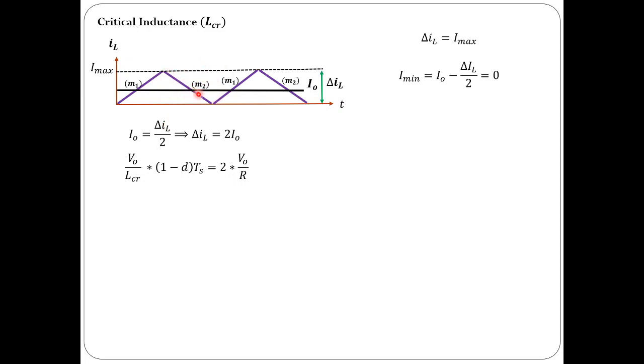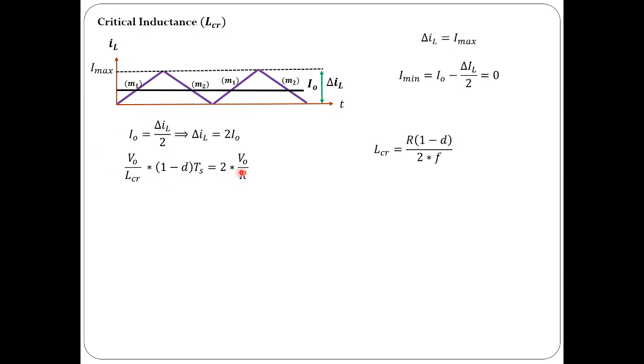The magnitude of M2 is V naught by L. Now this corresponds to the critical condition, so I would take L as LCR. So V naught by LCR is the same as M2 into this period, which is the off period, that is 1 minus D into TS, which is equal to 2 into V naught by R. Of course, you can use the other formula, M1 into D TS, also. You will arrive at the same formula. I strongly recommend you do it on your own.